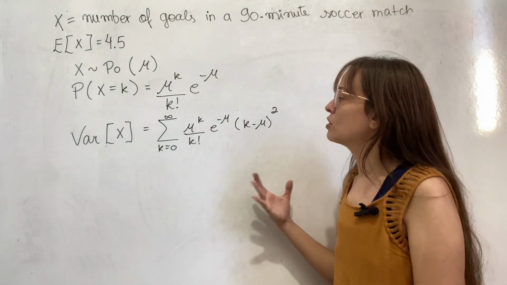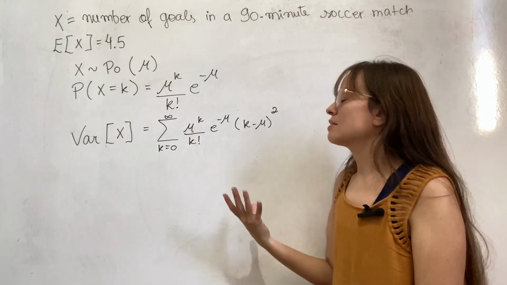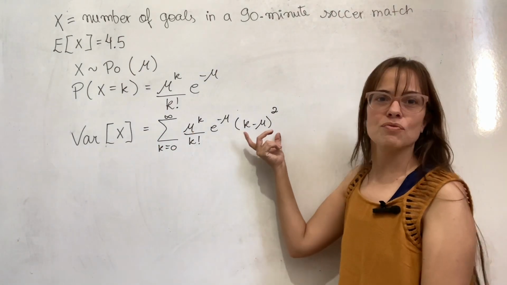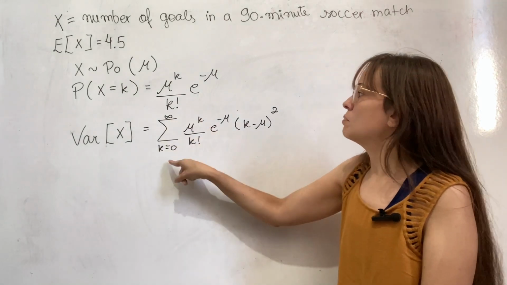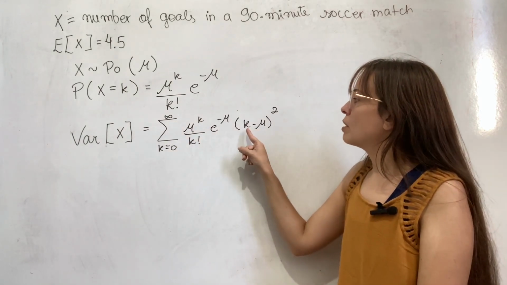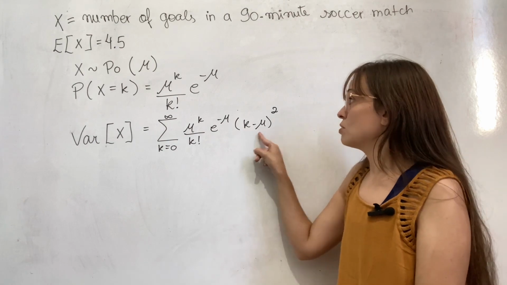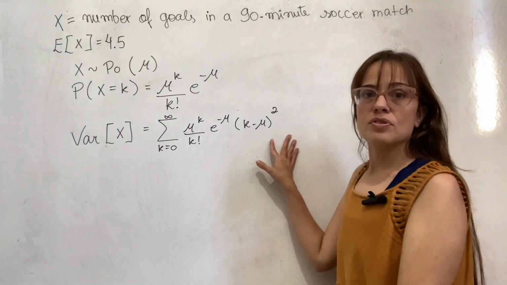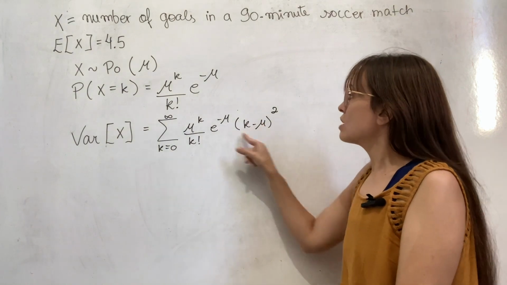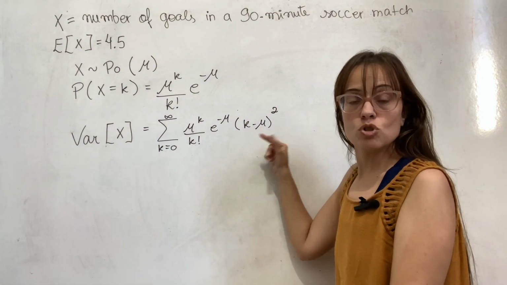I've just written the formula here. The variance is like the expected value of the differences squared, right? So the probability of each of the infinitely many results multiplied by the result, the distance from the result to the mean squared. First thing I want to do here is actually to expand this k minus mu squared.